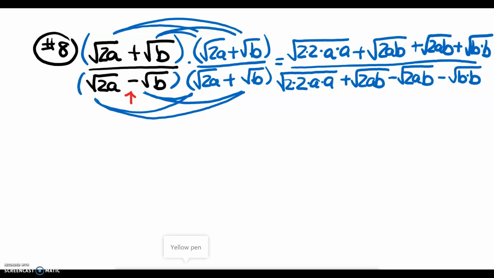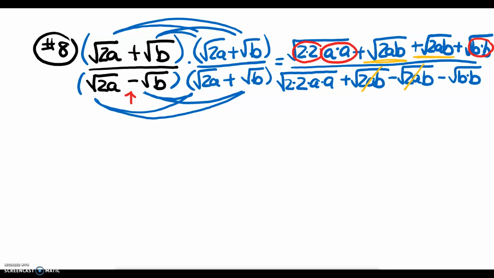Okay, so I want you to notice that in my denominator, the inside and outside terms reduce again. I have a group of 2 2's and 2 A's and 2 B's, and I have like terms in my numerator. I must add those.